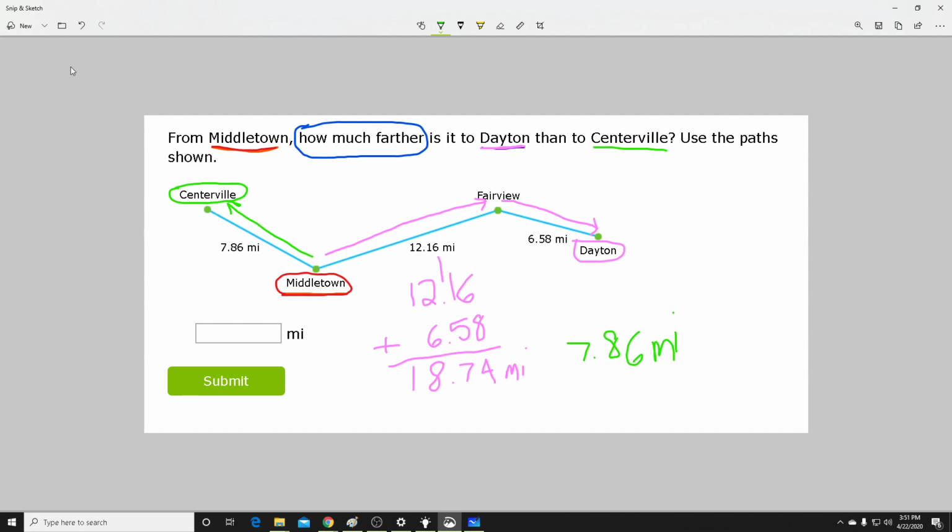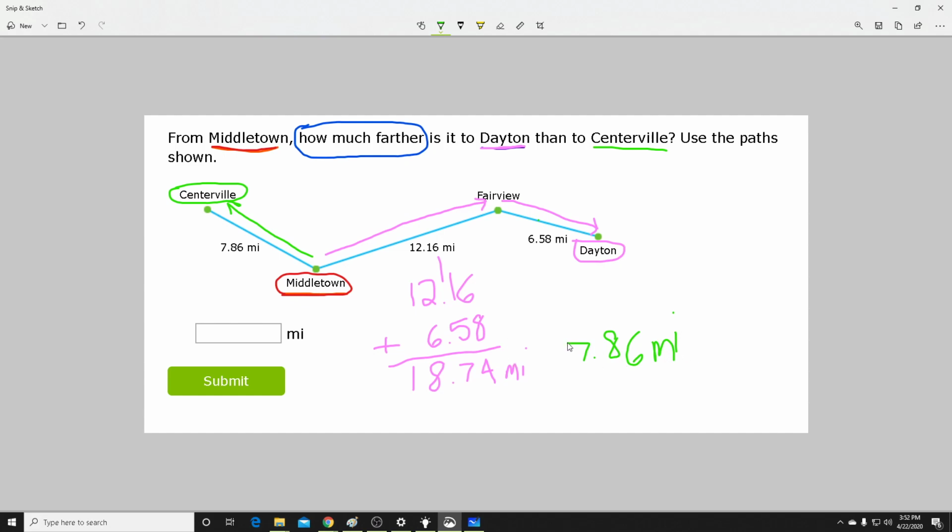Welcome back. So, you should be finding, drum roll please, the difference between these two numbers. Because we're trying to find out how much farther they are, how different these two numbers are.